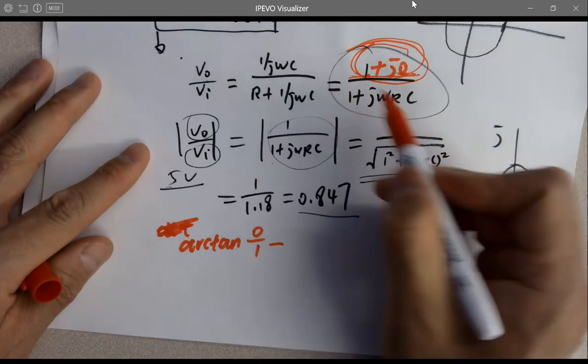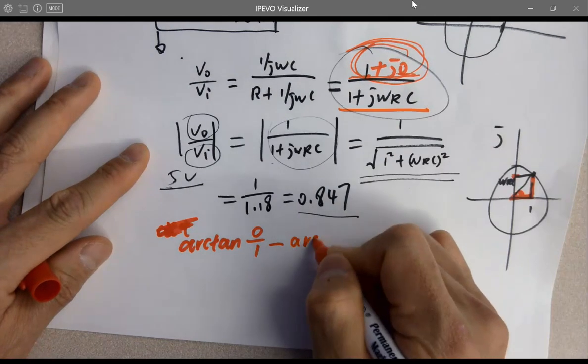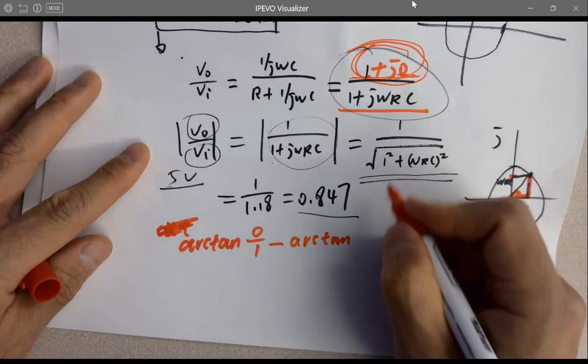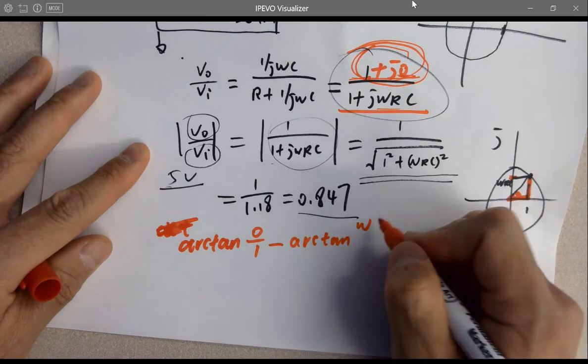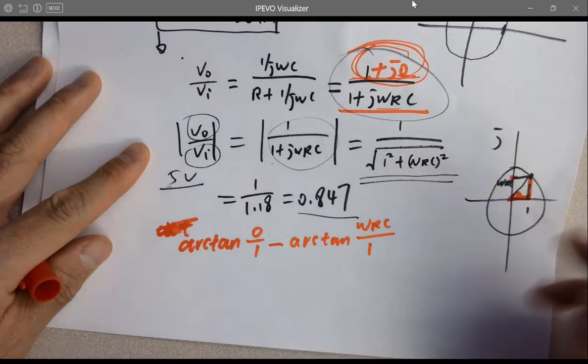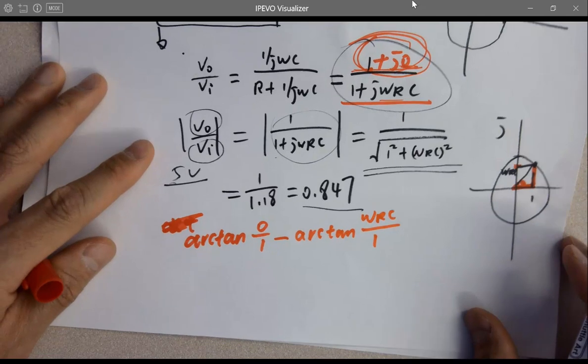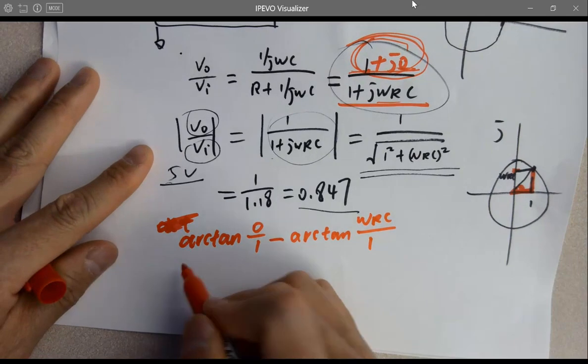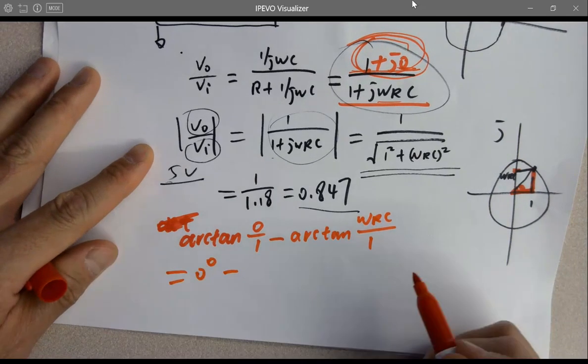So the input is this one, which is arctangent of omega RC, over 1. And this is 0 degrees minus.